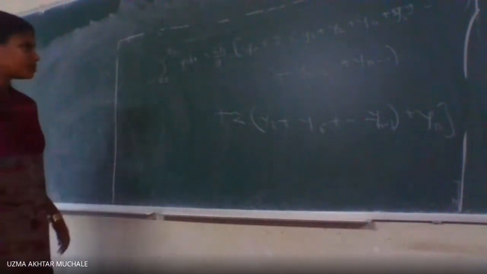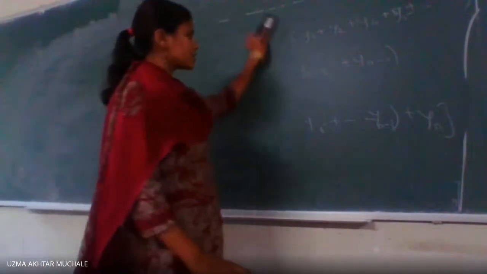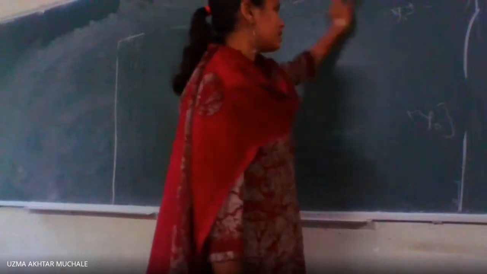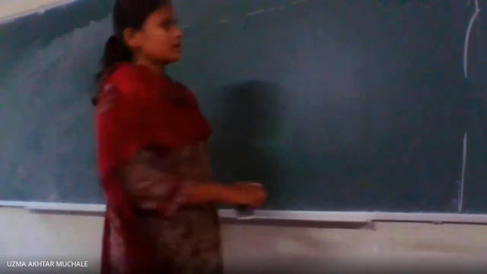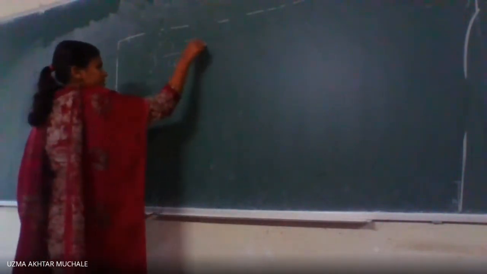No doubt all those rules will not give you the exact result or exact area under the curve, but they will give you an approximation. And a better approximation is given by your Simpson's 1/3 and trapezoidal rules. Okay, so let's solve an example. Integration 0 to 1 of 1 upon 1 plus x dx.